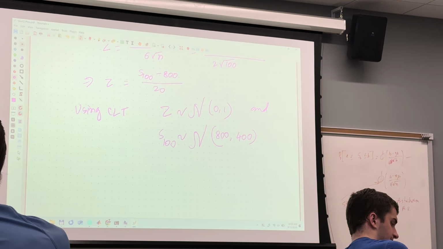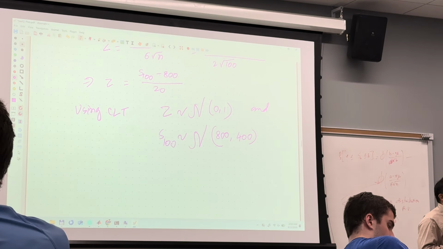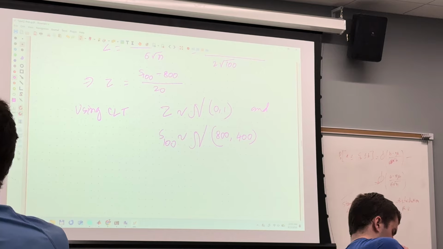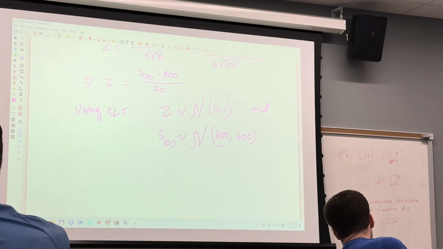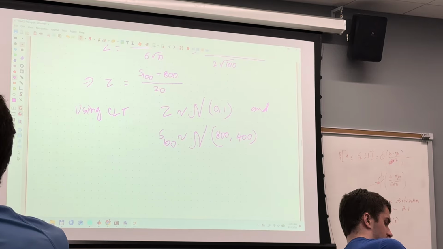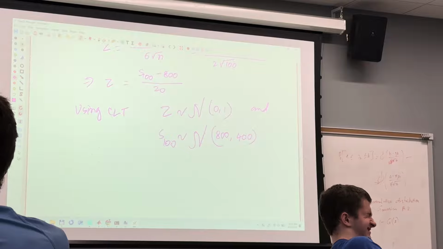We are guaranteed these two variables are Gaussian just because of the central limit theorem.